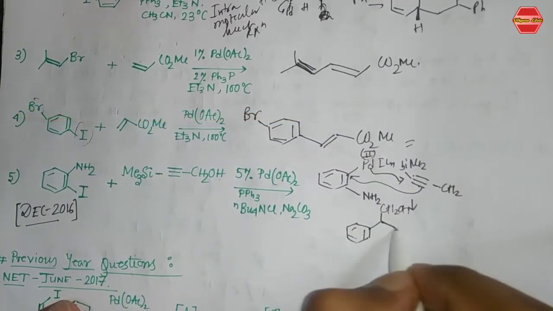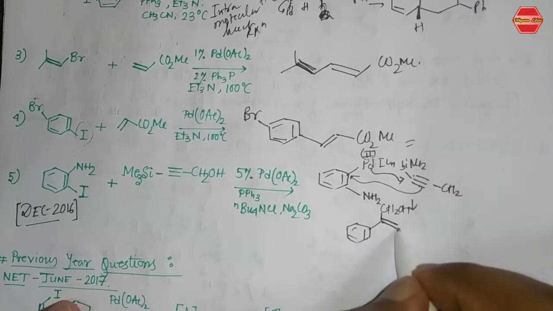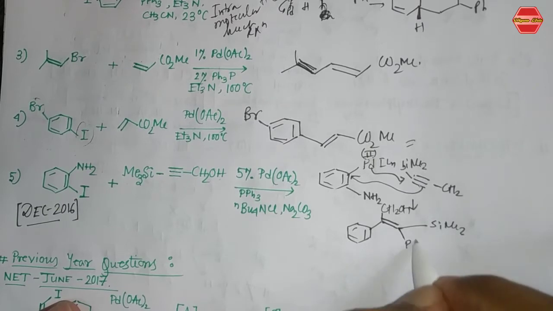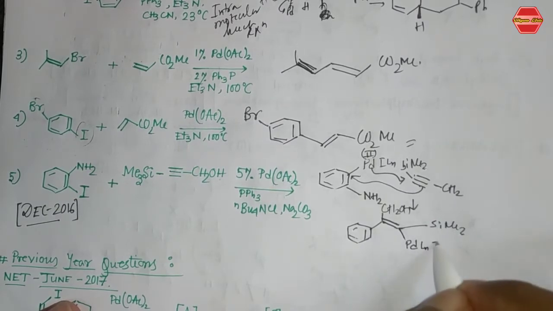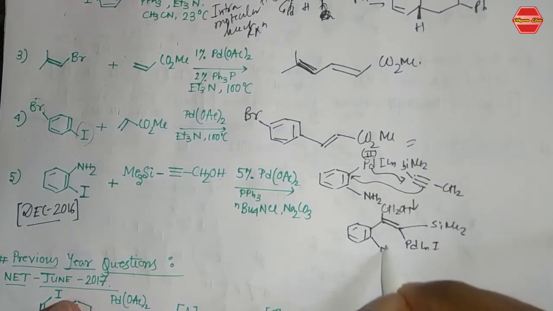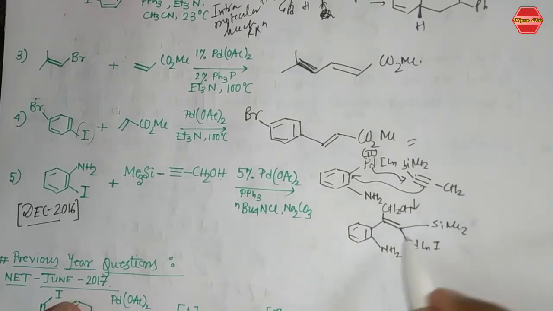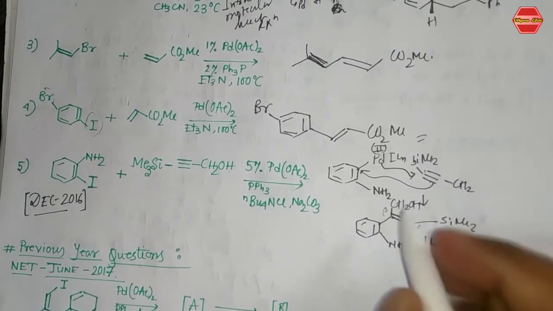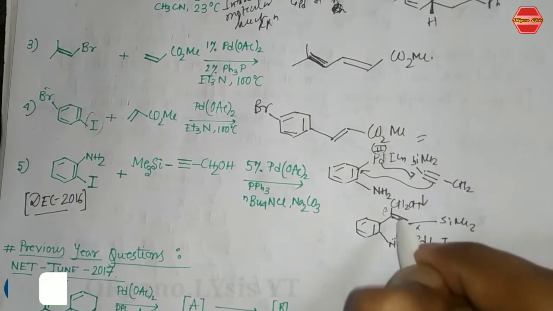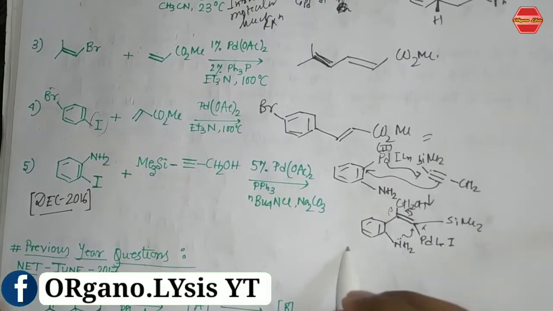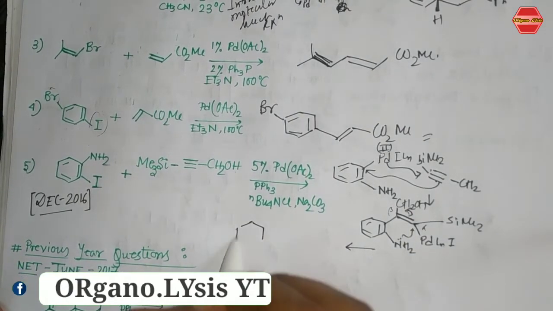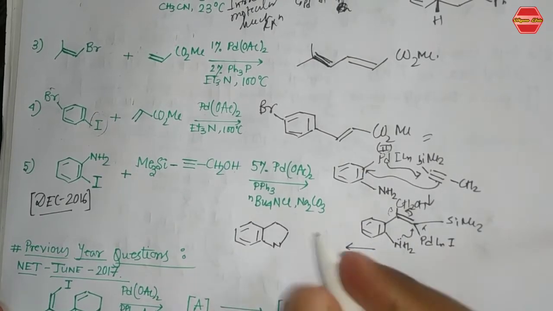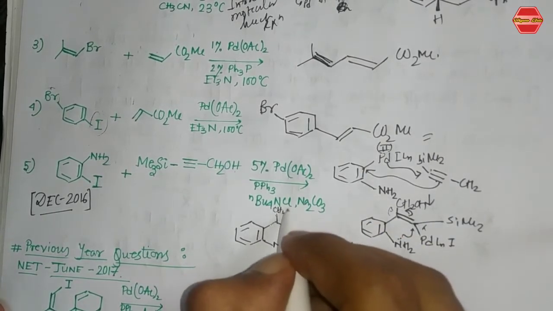CH2OH. Now this is your double bond, this is your SiMe3, and this is your palladium overall Ln complex, and here you have the NH2. Now you can see over here, this is your alpha position, this is your beta position, but there is no beta hydrogen. So that is why this NH2 will directly attack over here, and this will go like this. So the final product from here we can get, and this is your CH2OH.